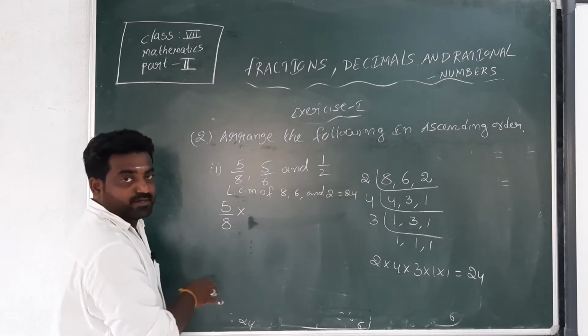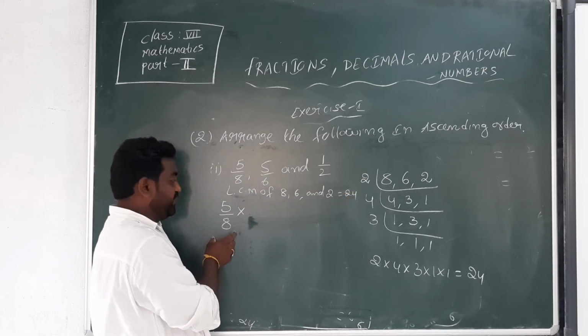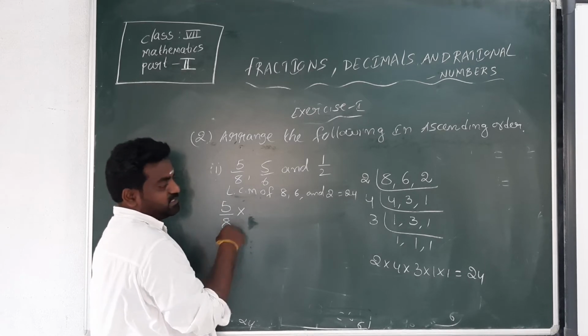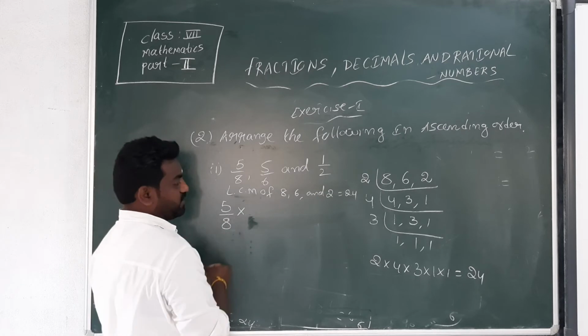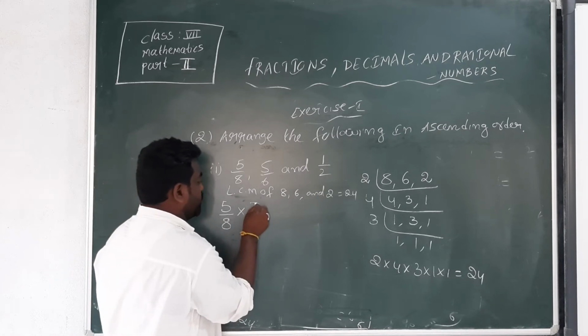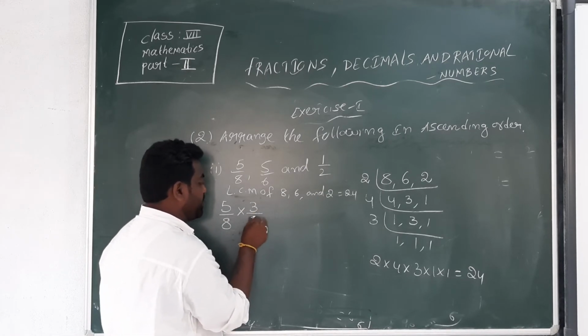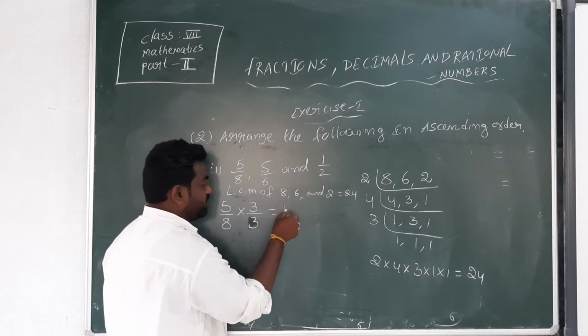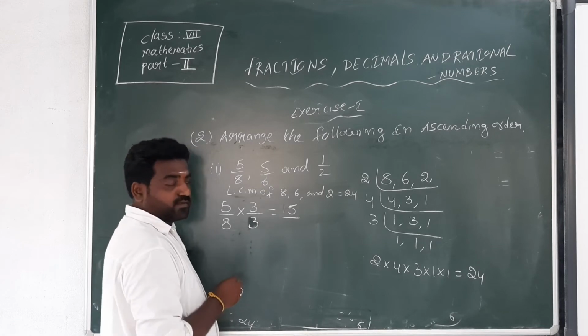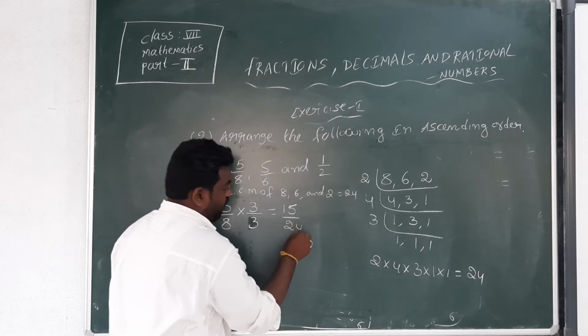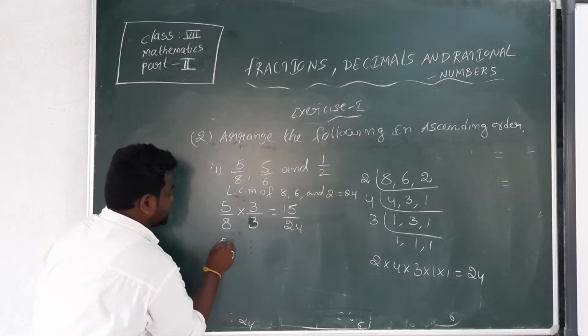Next 5 by 8. 8 is the denominator, 5 is the numerator. 8 is divisible in 24, 3 times. So numerator and denominator are multiplied by 3. 5 3s are 15, 8 3s are 24. Next 5 by 6.